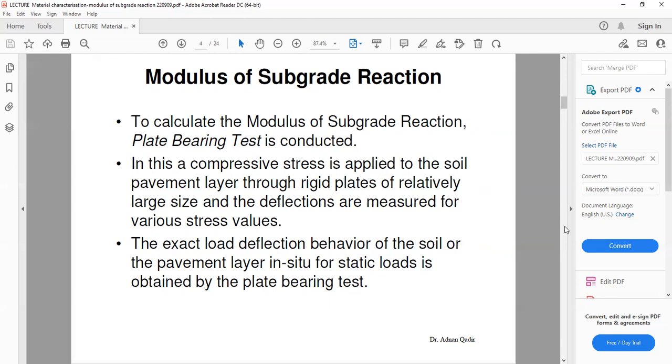We apply a compressive stress to the soil pavement layer through rigid plates of relatively large size, and the deflections are measured for given stress values. The exact loading deflection behavior of the soil for static load is obtained by the bearing plate test.